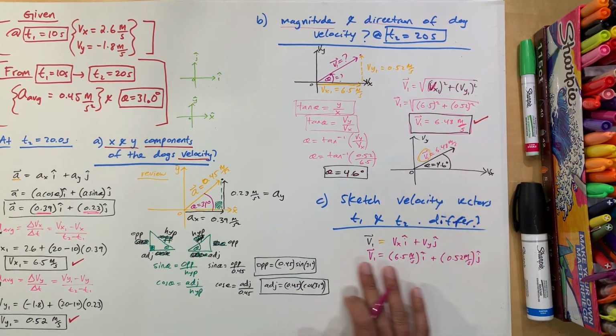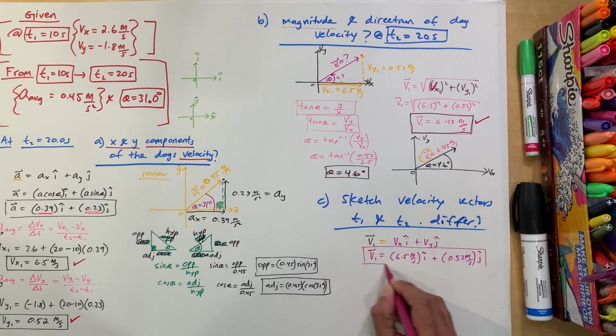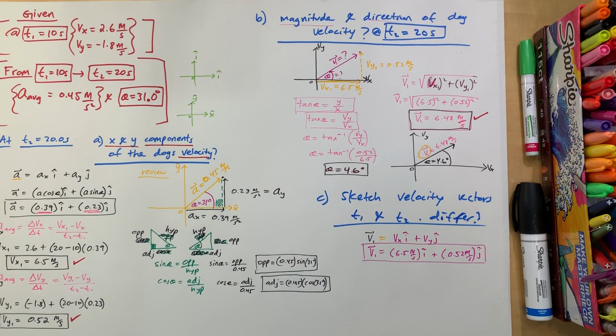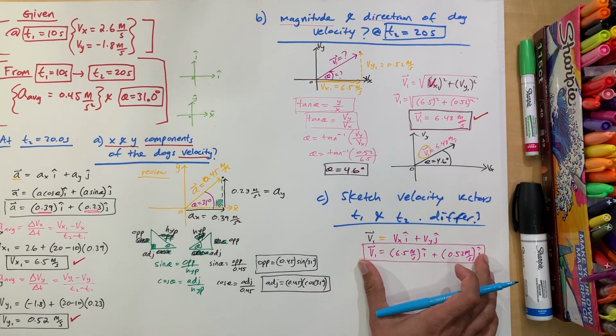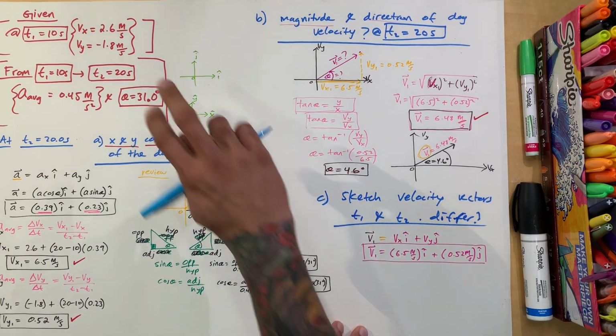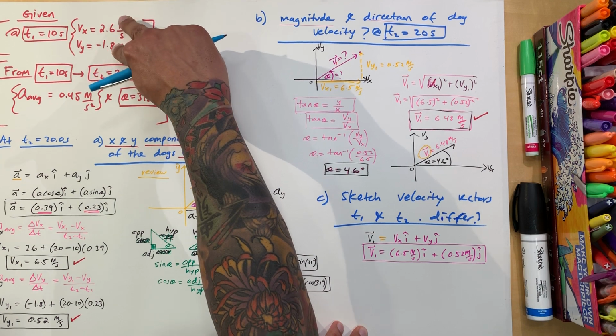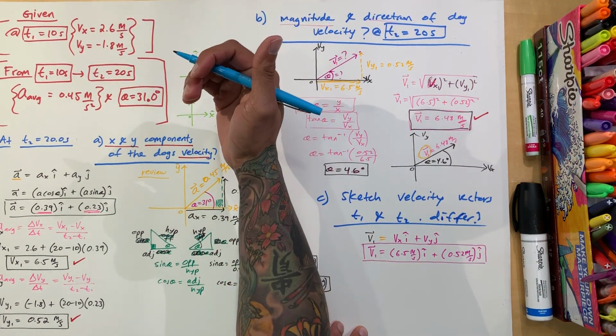For now, let's leave this alone, and we'll worry about it when we need to draw the graph in a second. So now I'm gonna write in different colors here. The next part uses the original velocities that the dog came in with.